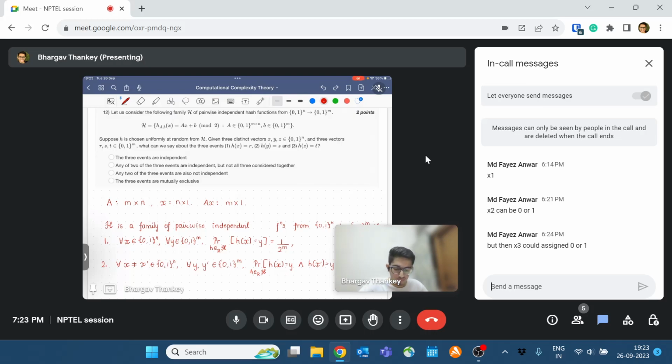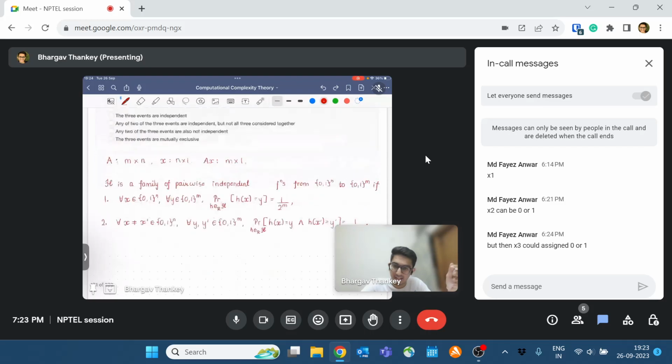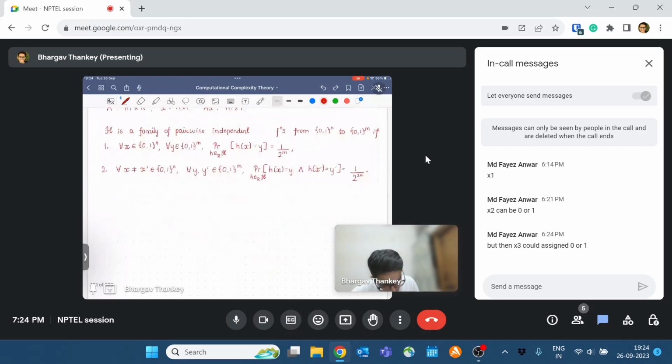So there was one mistake in your analysis. You were saying that the probability of z given x comma y equals the probability of z given x, right? So the probability of z given x comma y would be either equal to the probability of z given x or the probability of z given y, depending on whether z is independent or not.